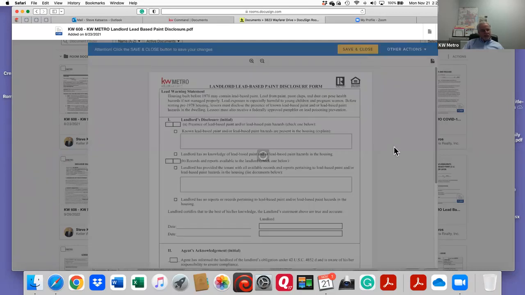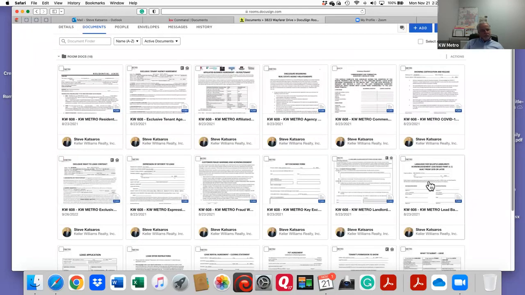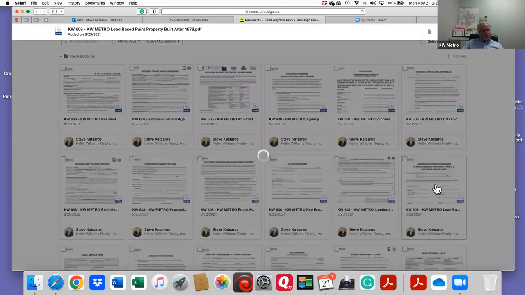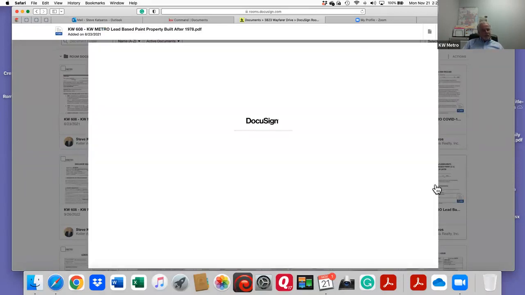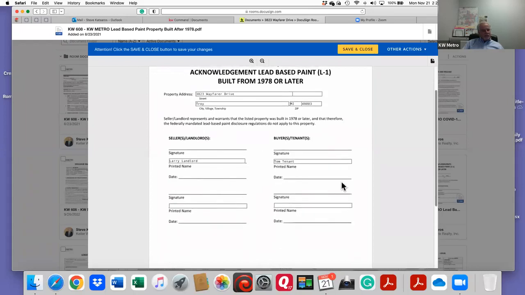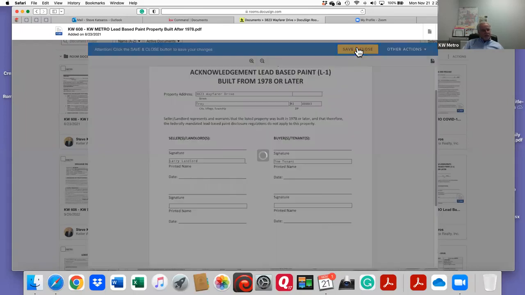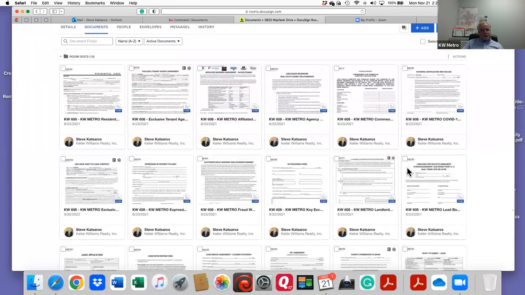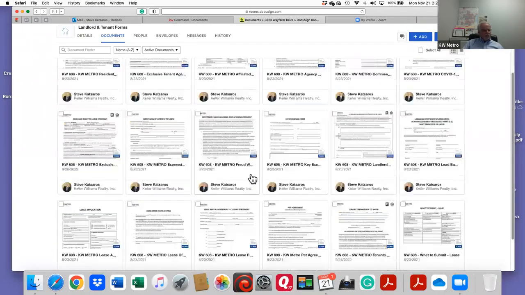The after 78, again, is that we use the same form for buy or sell, landlord tenant. So we've revised this so it says at the top, seller landlord. When a house is built before 78, have the tenant acknowledge it as well. So lead-based paint again with every transaction.